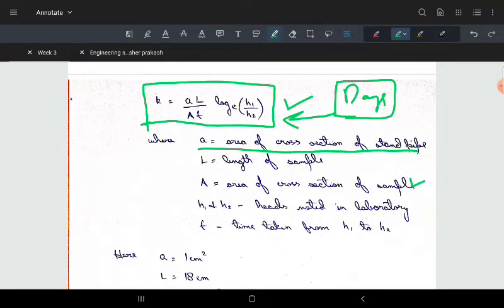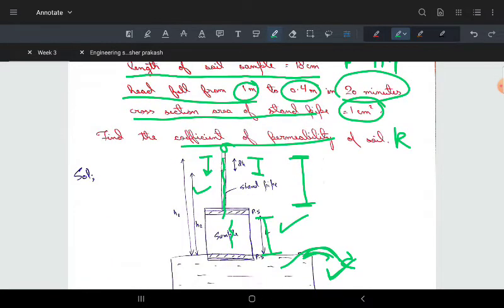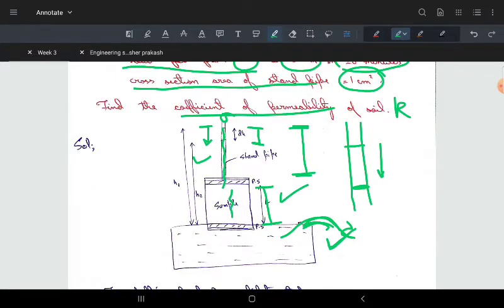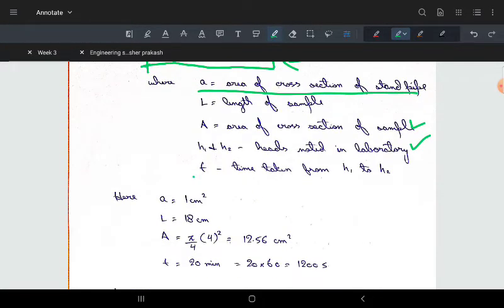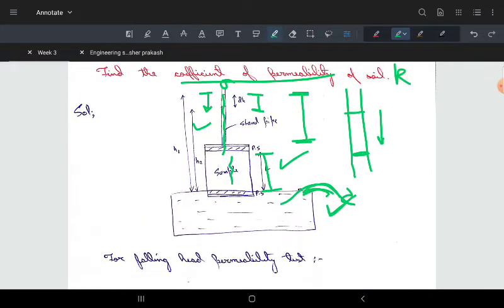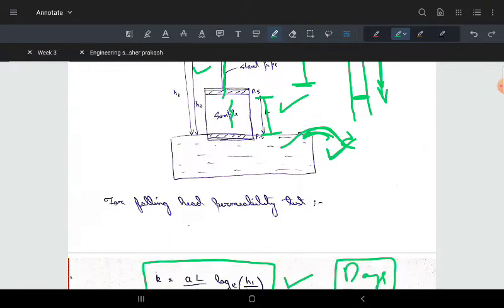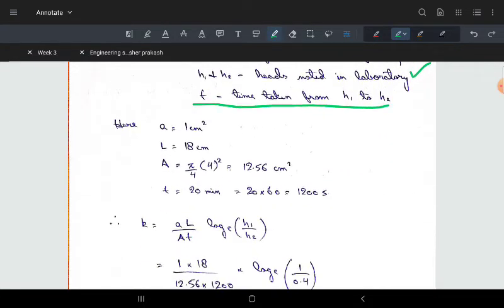H1 and H2 are the heads that are noted in the laboratory. This is the standpipe; this is the first head, and it goes on decreasing until it comes here. Those are called heads. t is the time taken to move from H1 to H2, from this point to this point. That is also noted.